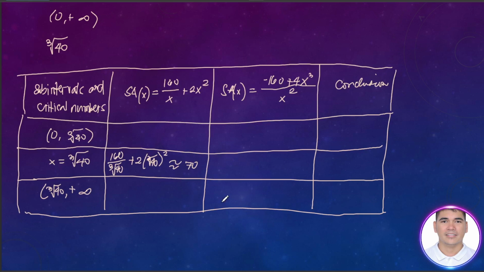Now, in this part, we're going to solve for this open interval and also this one. But here, since this is critical number, ang pipilian lang dito is 0 tapos undefined. Since we have the number 70, so this is 0, automatic. And then here, pipili lang tayo ng mga numbers in between or within this open interval.